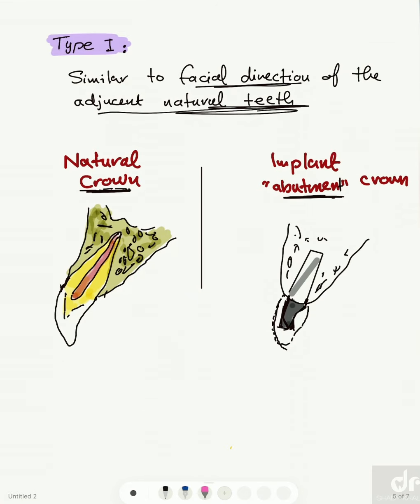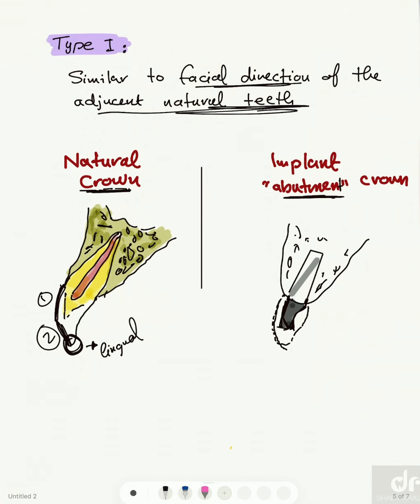If you remember on crown and bridge, when we prepare a crown for the centrals, we do it in two planes. Why? Because it mimics the incisal edge of the facial crown. It comes in two planes. That's why when we do preparation, we do it in incisal planes. So you can notice that the incisal edge is a little bit lingual in direction.